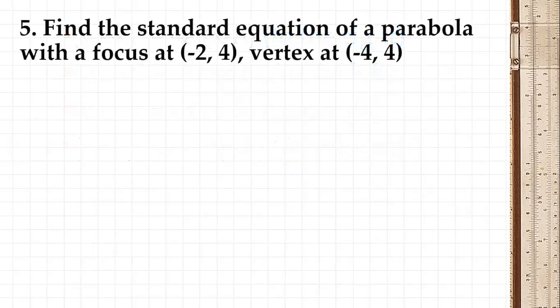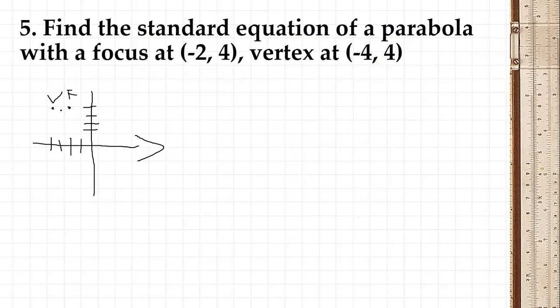Example number 5. Find the standard equation of a parabola with the focus at (-2, 4). So negative 2 for x and positive 4: 1, 2, 3, 4. So this is our focus. Then vertex at (-4, 4). So this is our vertex.